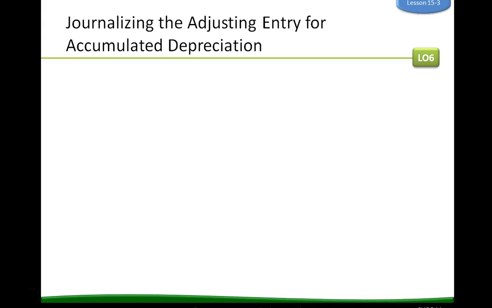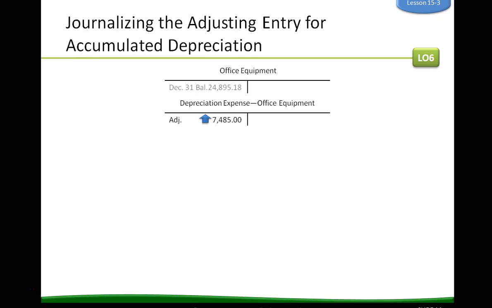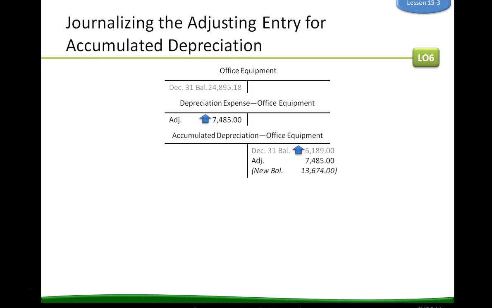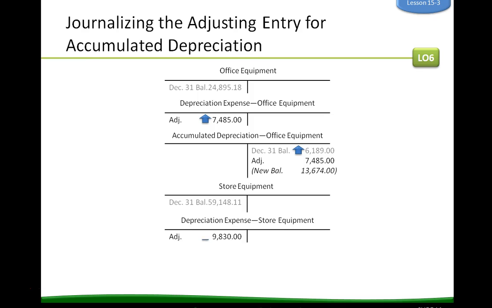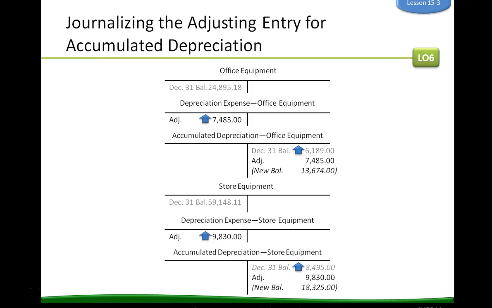All right. This is what we talked about in the 4 questions. Our office equipment original balance, we need to increase the depreciation. Accumulated depreciation, take into account the new balance by adding that to the old one. And then store equipment. Okay, depreciation expense goes up. Okay, those are all the T accounts.